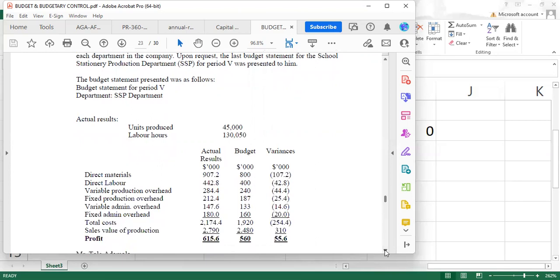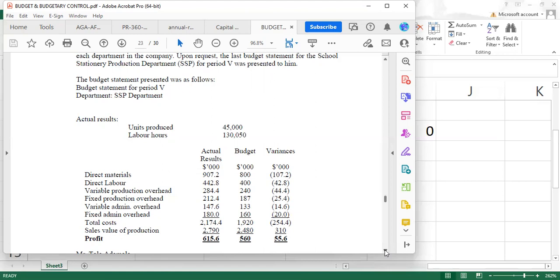We have direct labor, 442.8. The budget is 400. And then the variance is 42.8 negative. We have variable production overheads, which the actual is 284.4. The budget is 240, and then the variance is 44.4. We have fixed production overheads with the actual 212.4, the budget 187, and then the variance 25.4 negative.